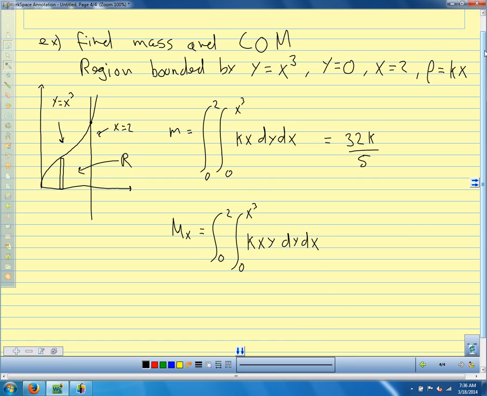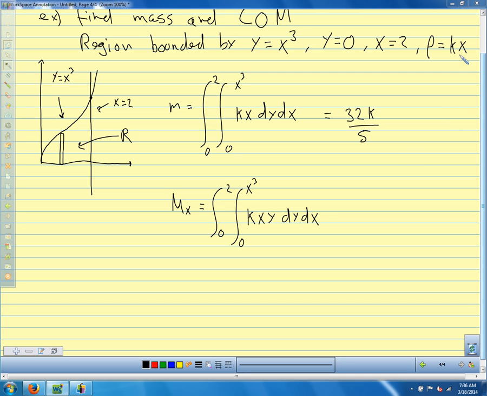And because our density function is nice and easy, these integrals don't turn out very complicated. They're not always this easy, but in this case they do. We just end up with polynomials. This comes out to be 16k.